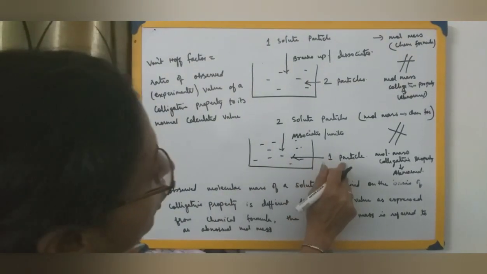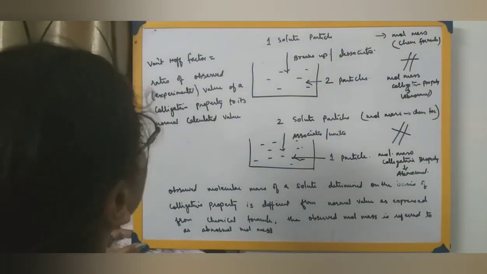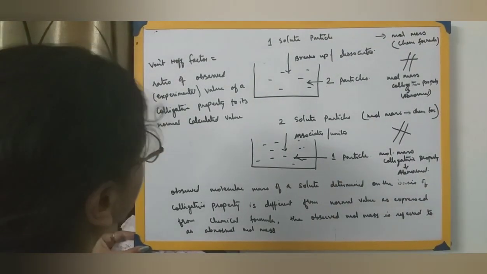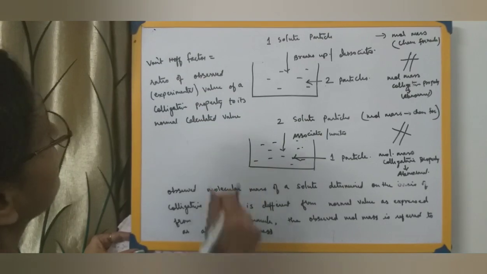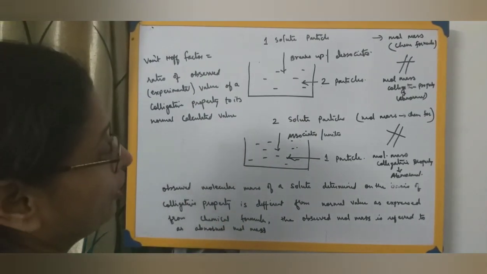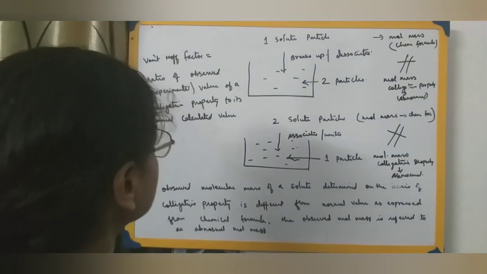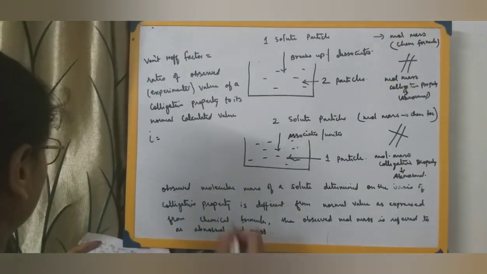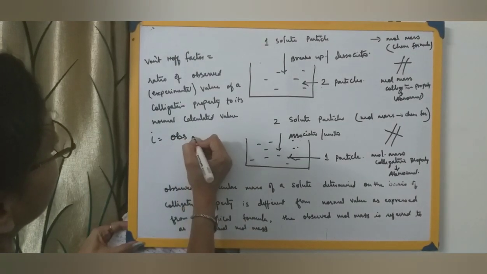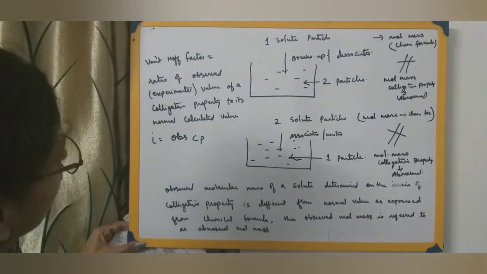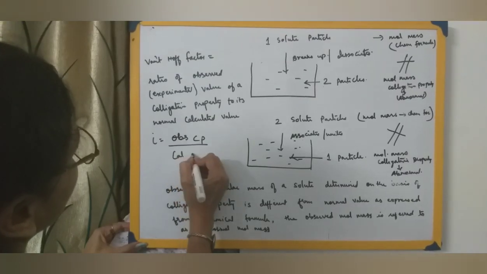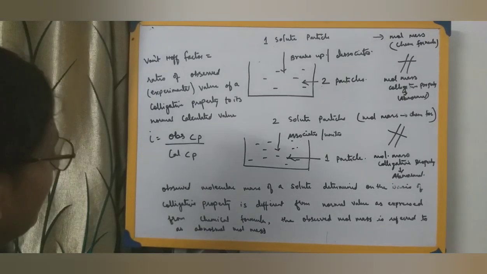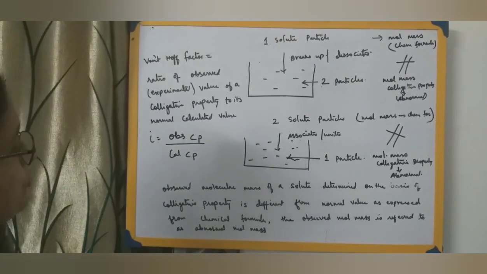Here you are getting the abnormal value and here there is the normal value. So this ratio of observed experimental value to the normal calculated value is called the Van't Hoff factor. We can say the extent of this abnormal behavior is equal to the Van't Hoff factor. So i, the Van't Hoff factor, is equal to the observed colligative property upon the calculated colligative property.